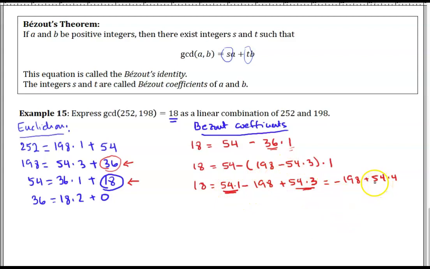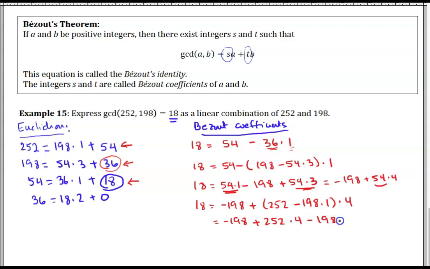All right, so now we're going to go to this equation right here and solve for 54 and plug it into there. So we're going to get 18 is negative 198 plus 252 minus 198 times 1, times the 4 on the outside. We're going to distribute to get rid of the parentheses. So negative 198 plus 252 times 4 minus 198 times 4.